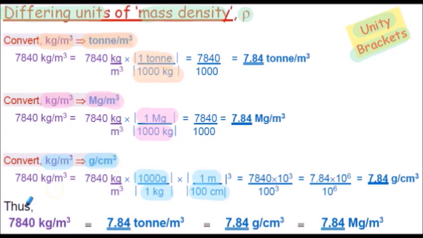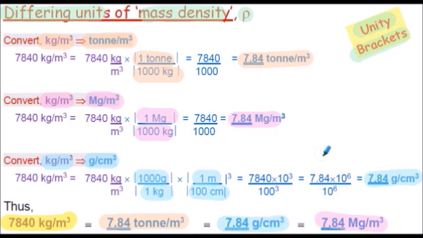So note from the above unity bracket calculations that a mass density of 7,840 kilograms per meter cubed, that would be a typical mass density for steel, can be written as 7.84 tons per meter cubed, or written as 7.84 megagrams per meter cubed, or written as 7.84 grams per centimeter cubed.